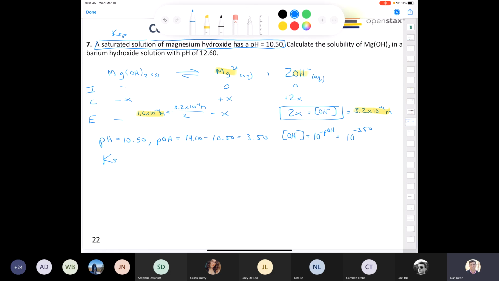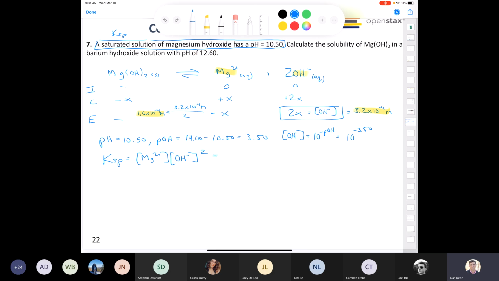My KSP is going to be equal to the concentration of my magnesium ions times the concentration of my hydroxide ions squared. I know both of those concentrations, and so now I can calculate a KSP, which wasn't given to me. You've got to be able to read this problem and say, well, I need to calculate KSP first before I can determine the solubility of the magnesium hydroxide in the solution with a pH of 12.60.